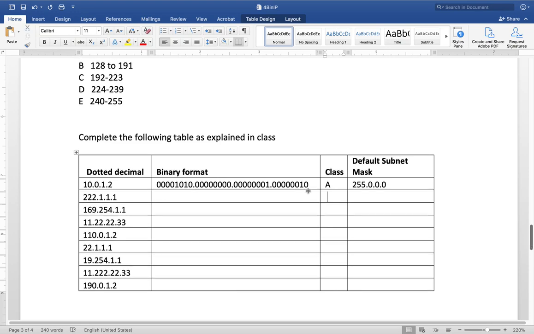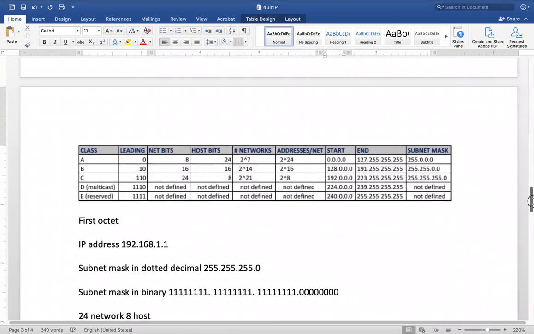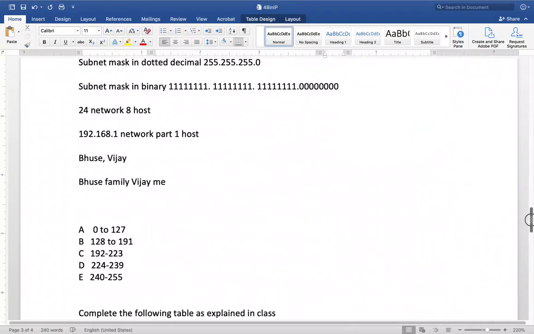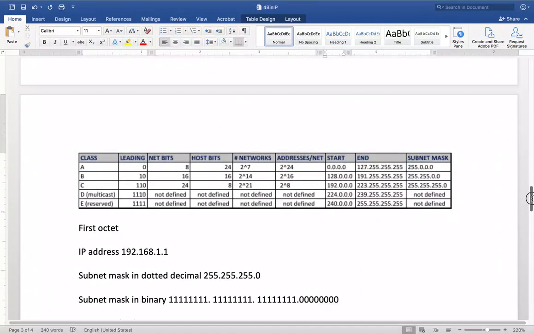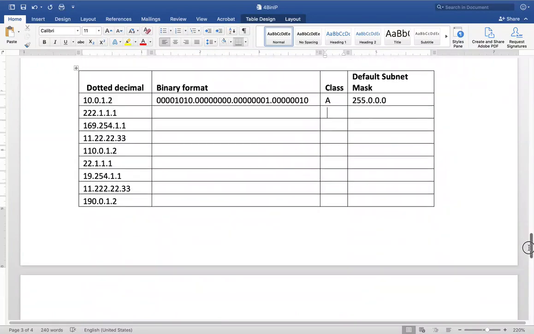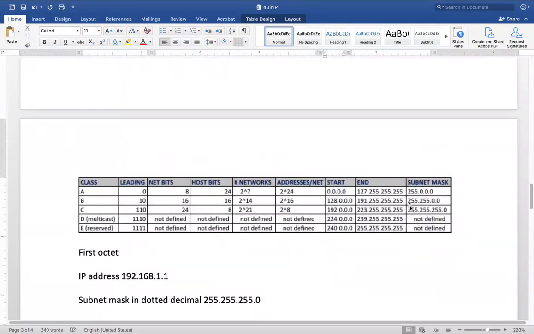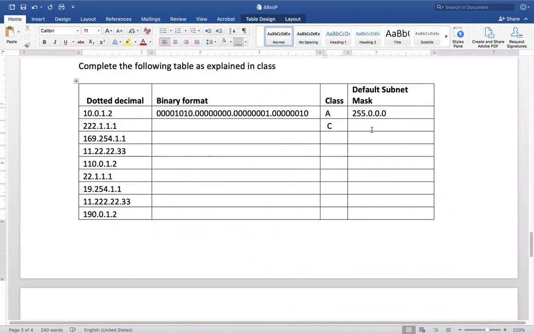The first octet is 222, so it belongs to class C. The default subnet mask for class C is always 255.255.255.0, so that's what you're going to write down.